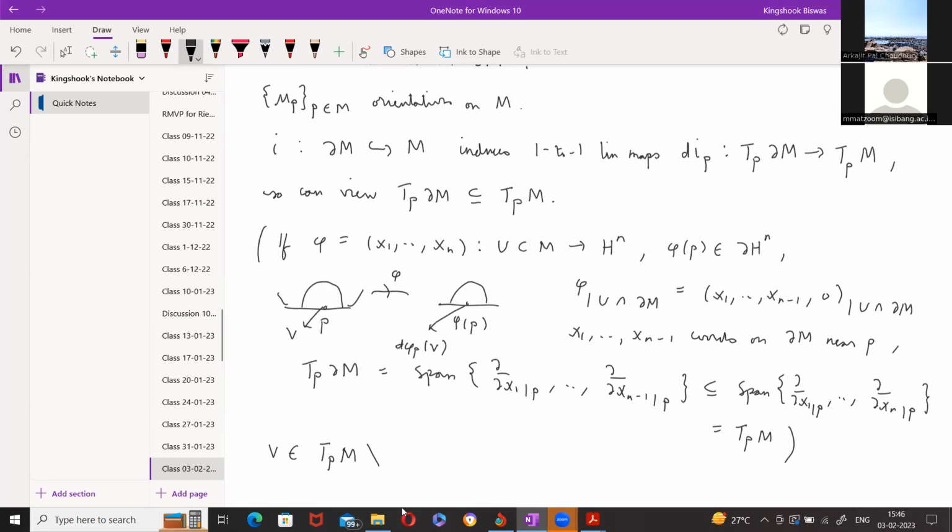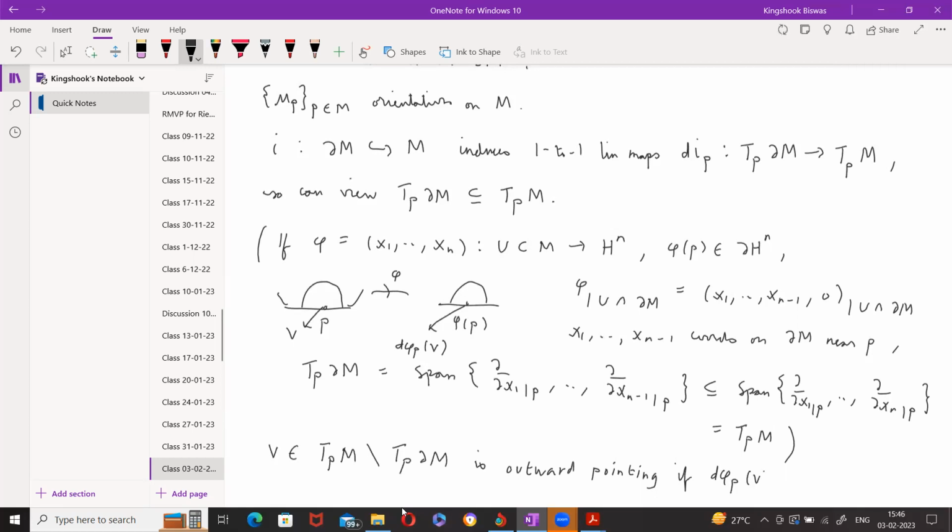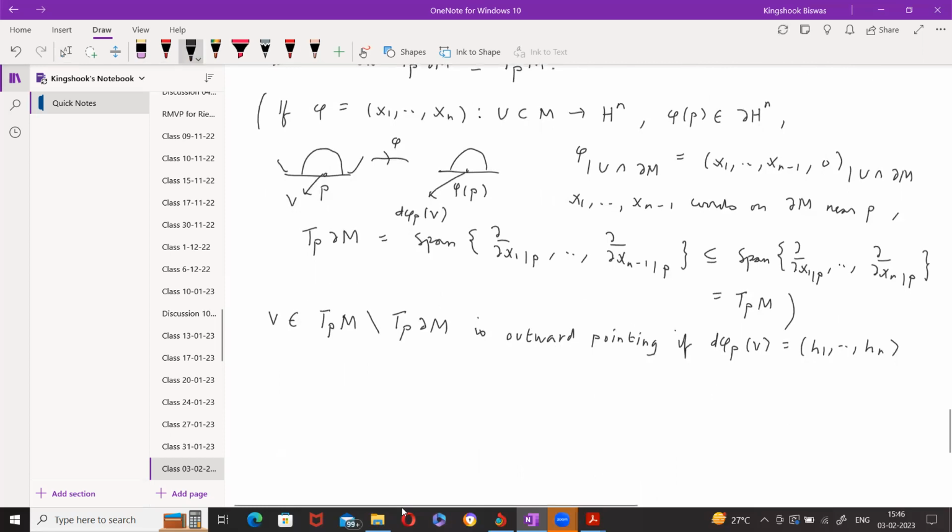That means d phi at p of v is equal to a vector h1 up to hn, where the last coordinate hn is negative.